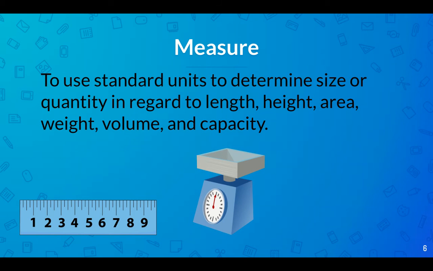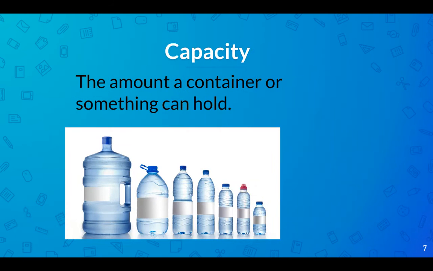Measure, to use standard units to determine size or quantity in regard to length, height, area, weight, volume, and capacity. Capacity is the amount a container or something can hold. You can find the capacity on the front of a milk jug, your milk carton that you drink for lunch, or the juice.